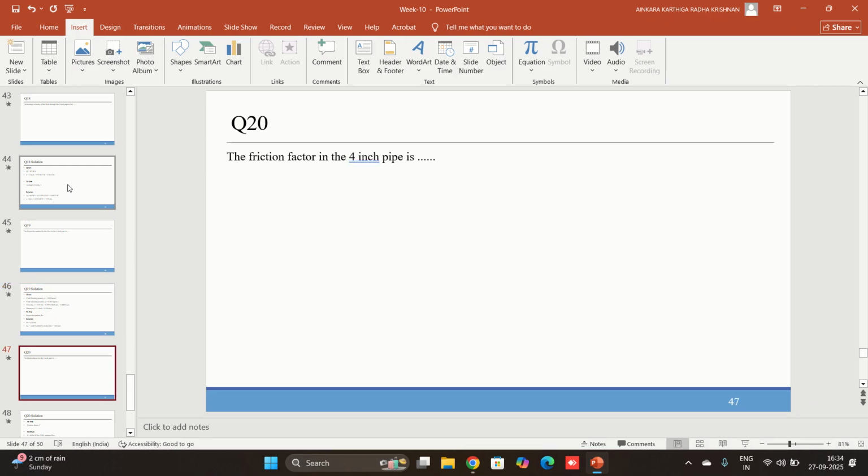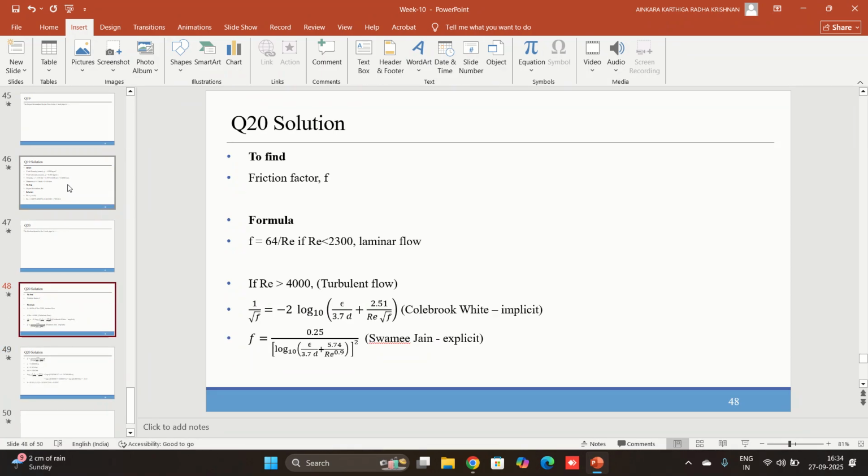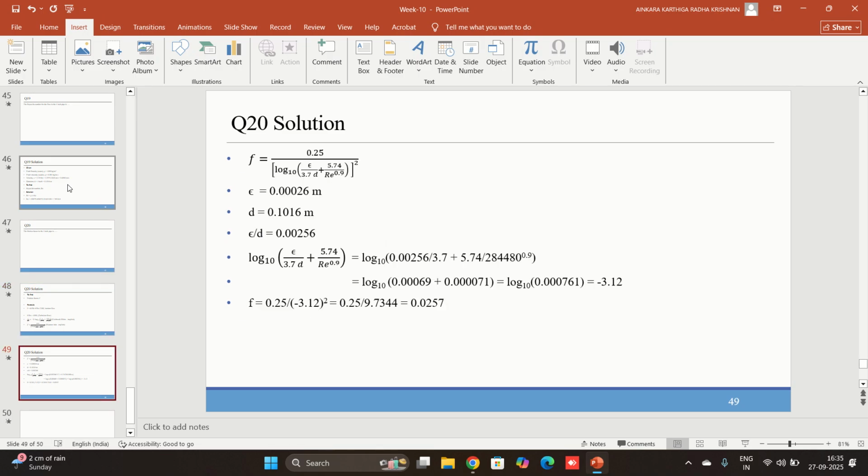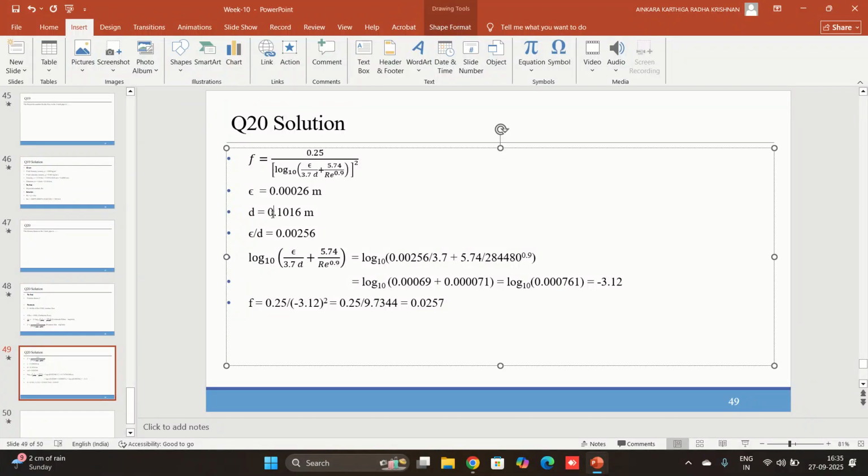The friction factor in the 4-inch pipe is dash. And friction factor f, we use the formula. Now we have to just substitute. Epsilon is 0.00026 meter, and D is 4 inch, which is 0.1016 meter.